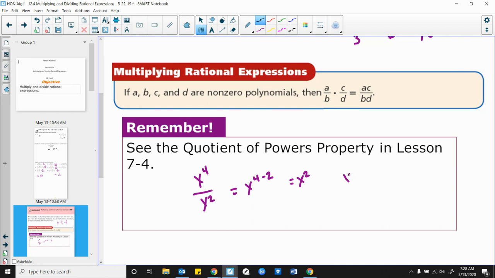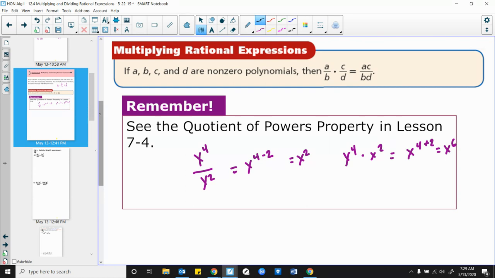Also, if I have x to the 4th times x to the 2nd, remember that I do 4 plus 2 and get x to the 6th. So just remember those 2 properties. When I'm dividing, I subtract the exponents, and when I'm multiplying, I add the exponents.